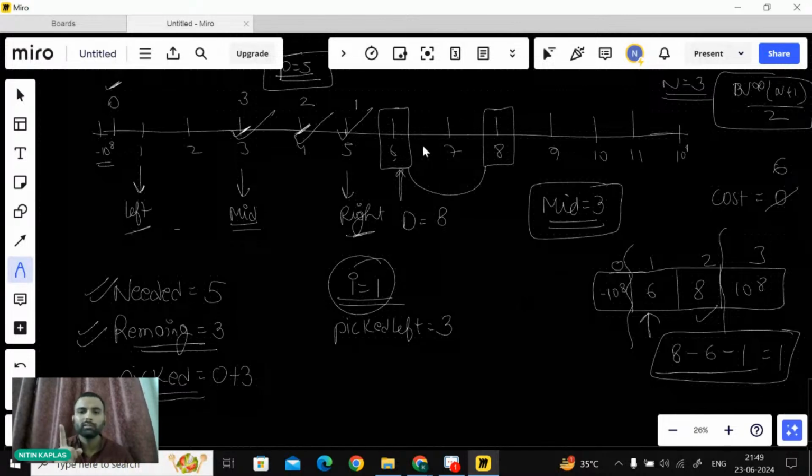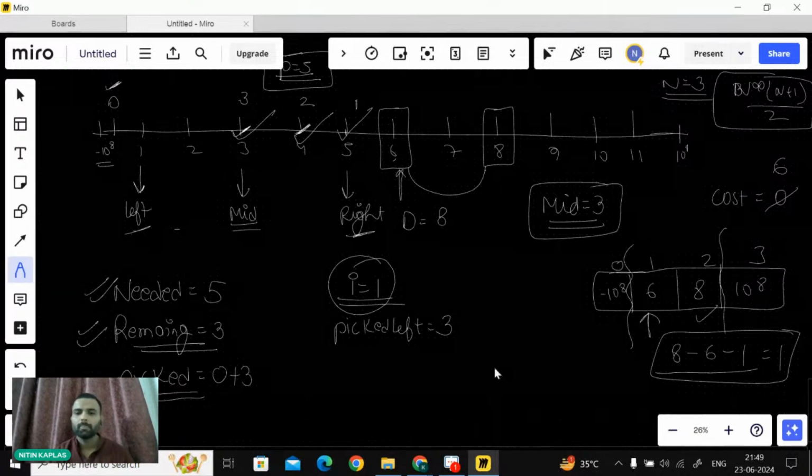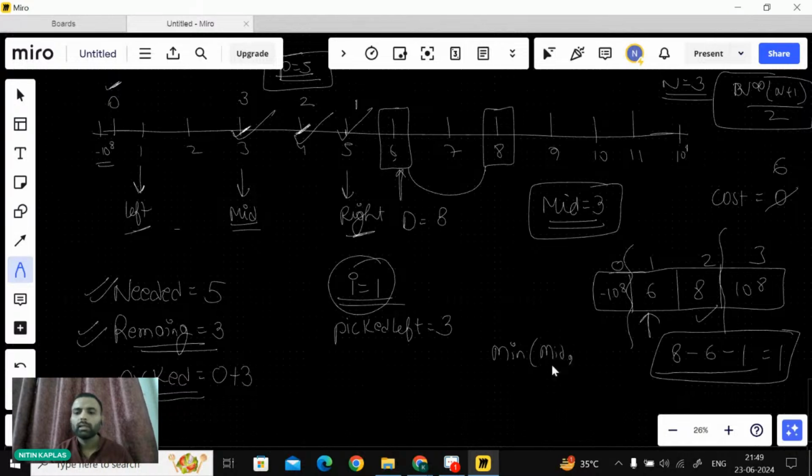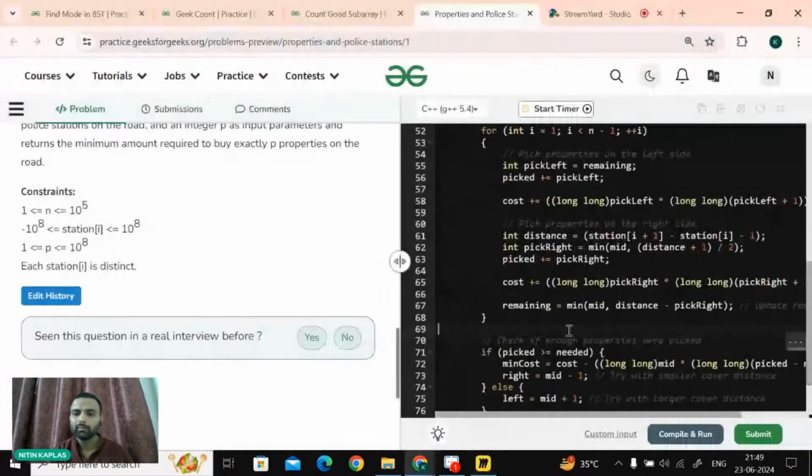Now I just want to pick the minimum of mid, which is the range, but what is this distance? So that's why I've written here pick right, because pick left is already done, right? Now pick right is minimum of mid, distance plus 1 by 2.